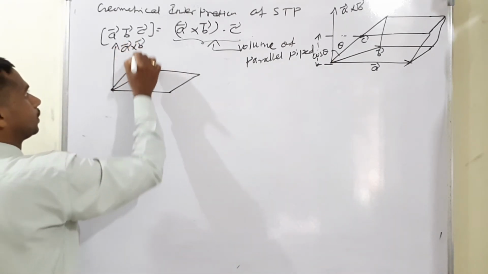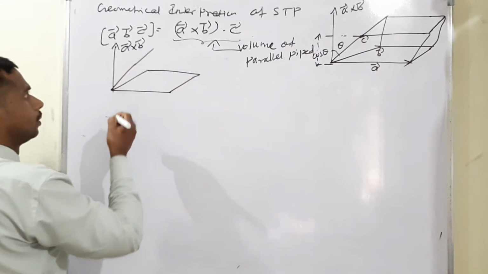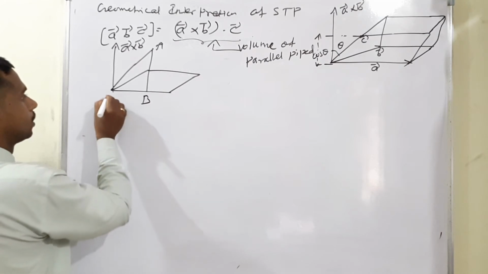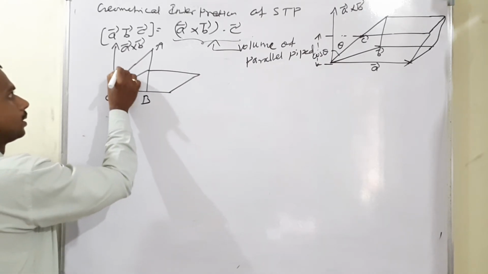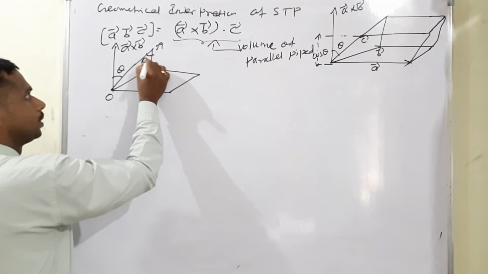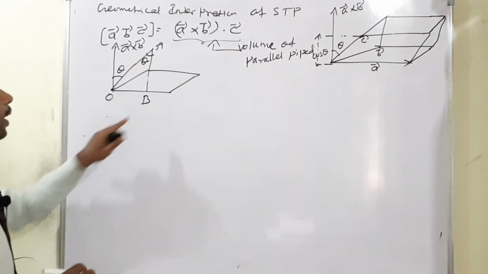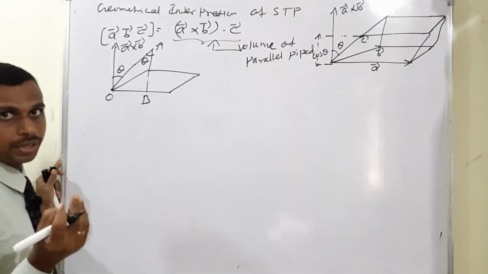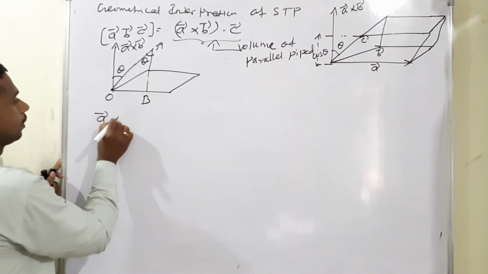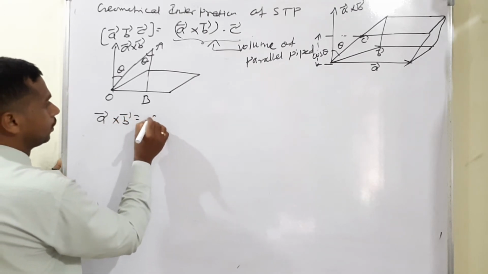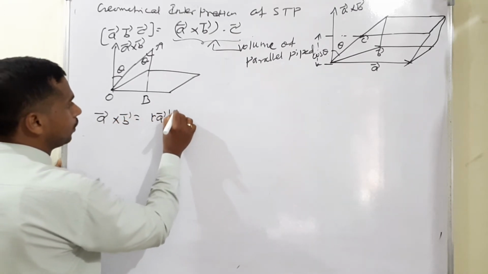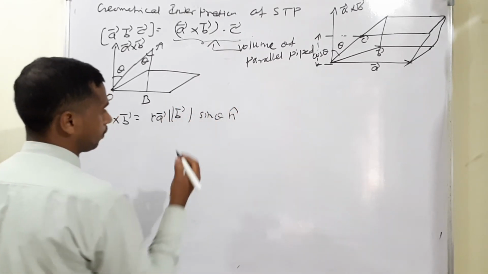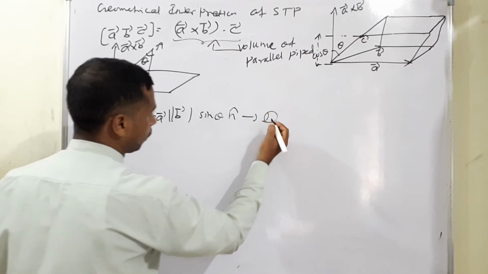Here this is A, this is B, this is perpendicular, and this is the height, with theta as the angle. Before moving to the explanation, we already know the meaning of the cross product: A vector cross B vector is equal to modulus of A vector into modulus of B vector into sin theta n cap. This is equation number 1.